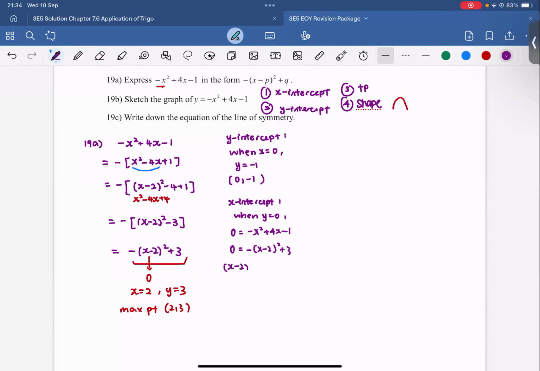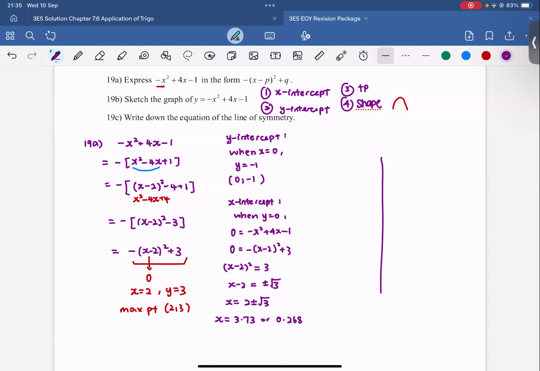Normally, if they want you to find the x-intercept, it will not be so complicated like that. The numbers will be much friendlier and nicer. Unlikely it will be so ugly. So x is equal to 3.73. I changed to 3 figures already. 2 minus square root 3 is 0.268. Okay, so now I have everything.